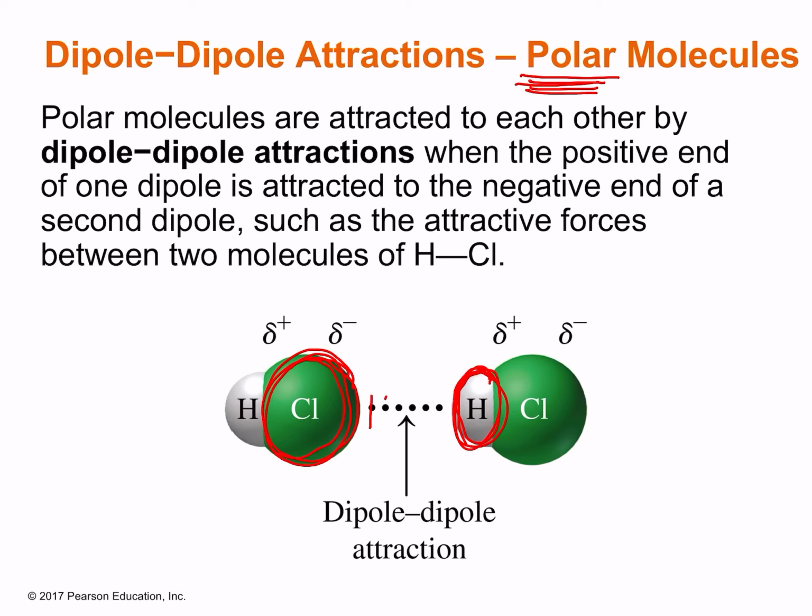And this attraction here, that's the dipole-dipole attraction. This will happen between any polar molecule. They'll arrange themselves so that the positive part of one molecule is near the negative part of another molecule. And again, these aren't complete positives, complete negatives, but the partial positives, partial negatives that we talked about last time.